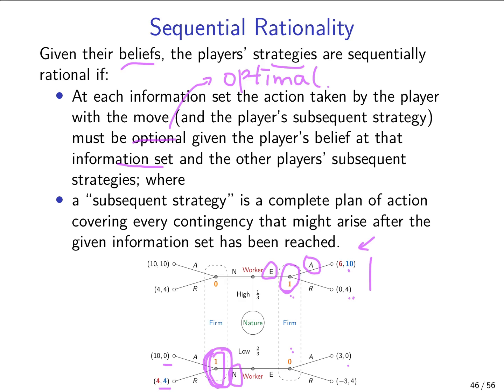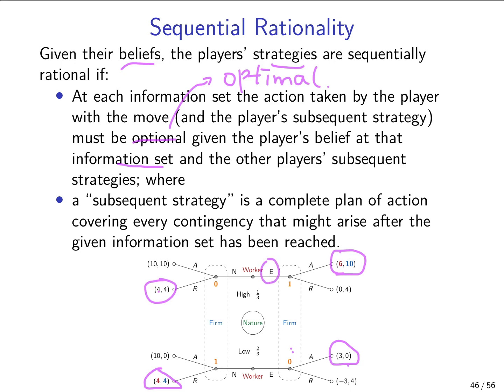And similarly, for a worker, knowing that if the firm observes education, he or she would be hired as an analyst, and if someone doesn't have education, they would be hired as a receptionist, then a high type would say, okay, let's compare the numbers. 6 here is greater than 4, so choose education.